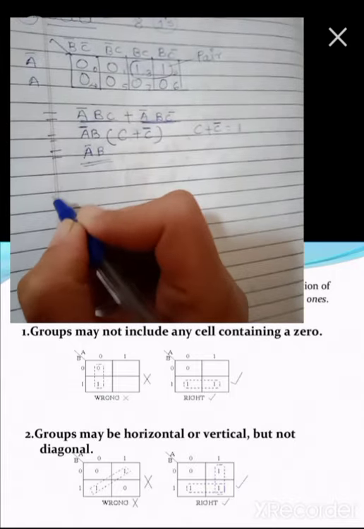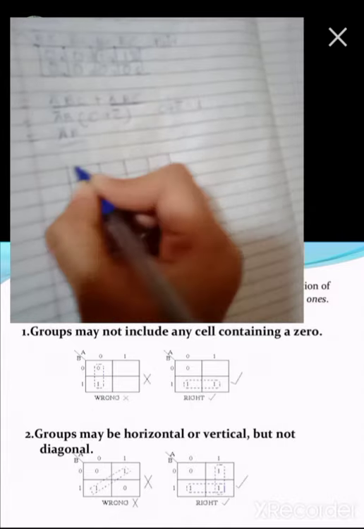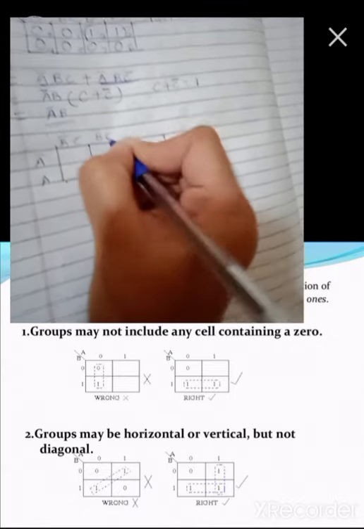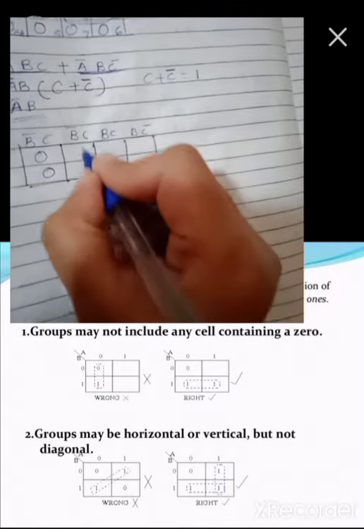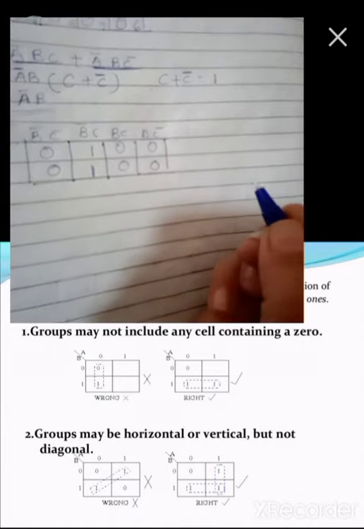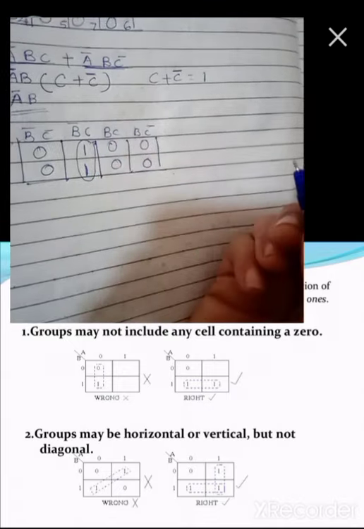Now we'll see the second example of pair. Again a 3 variable K-map is given. So what did we do here? We have considered only ones while grouping. So consider only the ones in your K-map. Now in this K-map, this pair is possible, right?